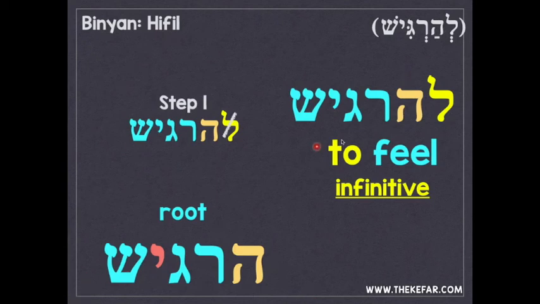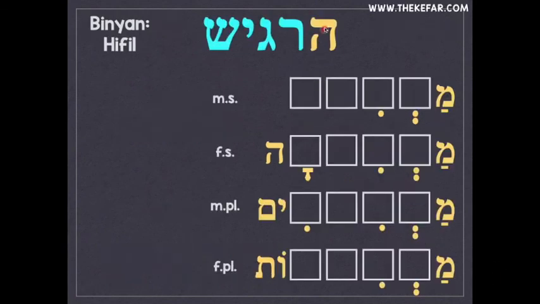Our infinitive is lehargish. Okay, so we're going to put the hirgish to the side for now, and we're going to focus on lehargish. So again, our infinitive lehargish, to feel, and we have here hirgish, which is the root.